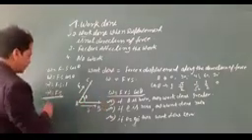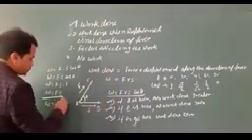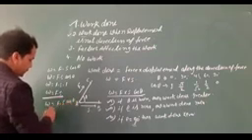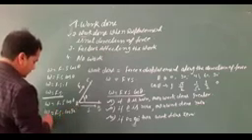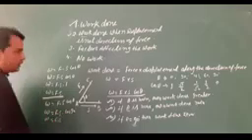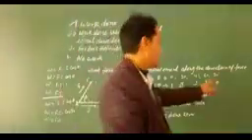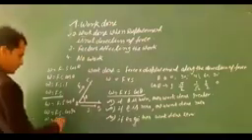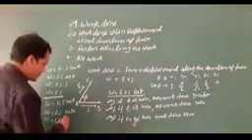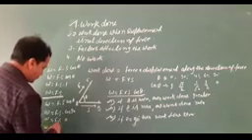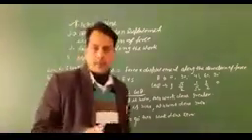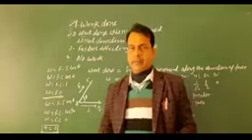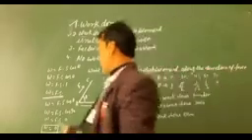We know that W equals F into S cos theta, then W equals F into S cos 90, and the value of cos 90 equals 0, then W equals 0. So it is clear that if the angle between the force and displacement is 90 degrees, or force and displacement are perpendicular to each other, then work done equals 0.